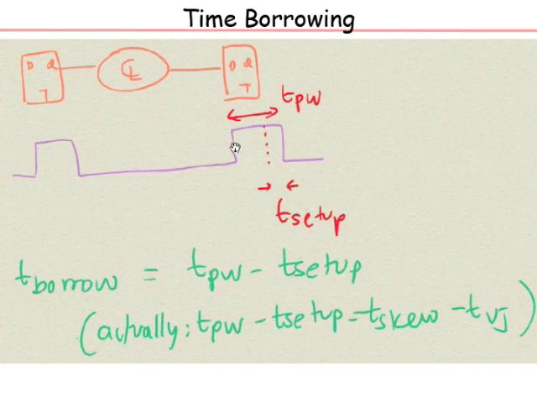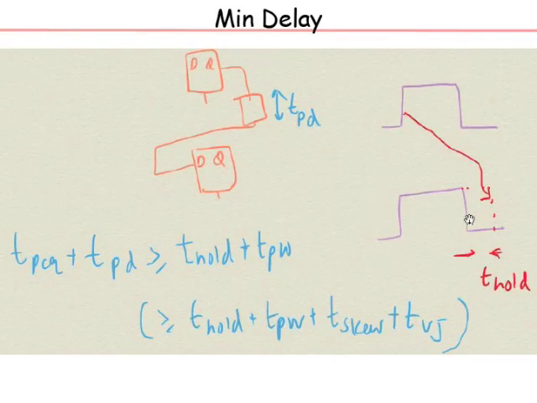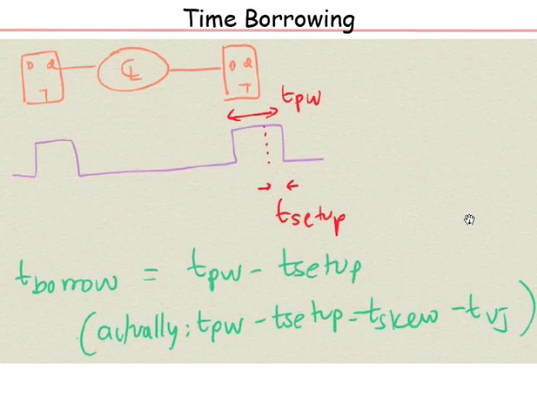So I have this much time available for me to capture. But of this much time, I cannot use some because it's the setup time. So I am just left with this much time. Yes, if it comes here, it will go through. But if it comes after the dotted line, it will not go through.